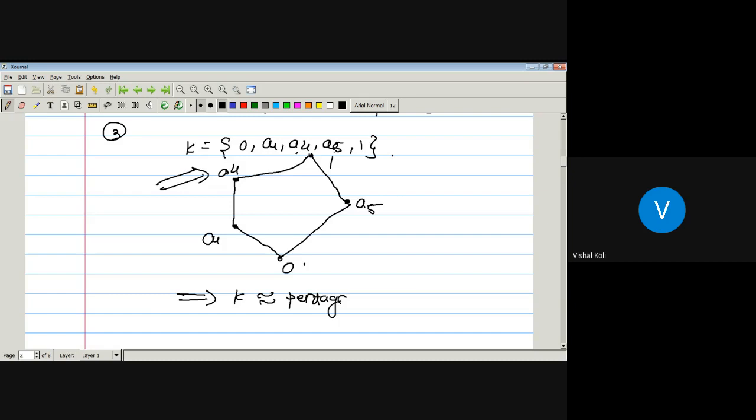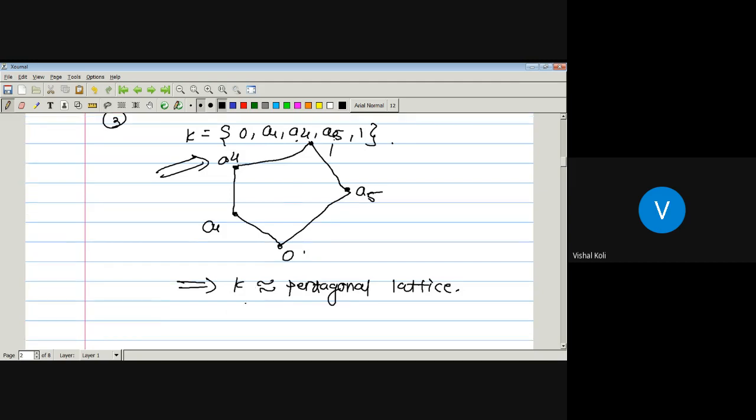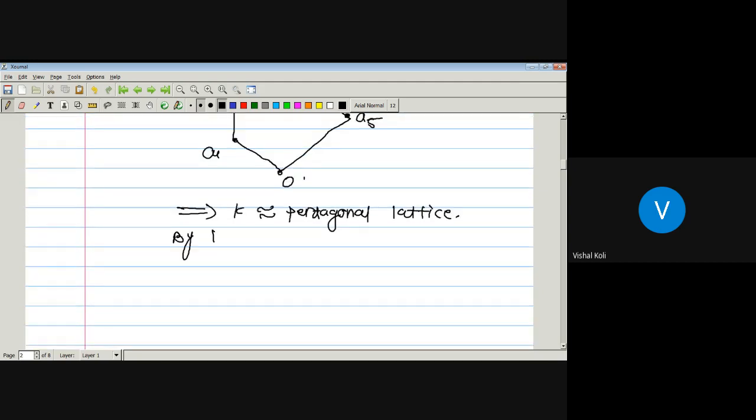Okay. Then by that result, the given lattice L is not distributive since it has a sublattice K which is isomorphic to a pentagonal lattice. So by the previous result of the theorem, L is not distributive.